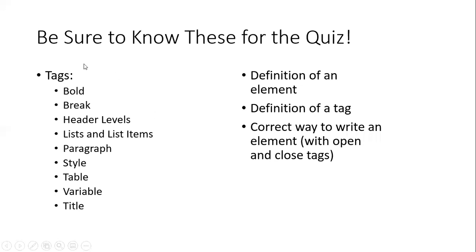And just to wrap up, these are all the things that are going to be included in the quiz. And the quiz is only, I think, 5 points. It's not worth a lot of points. You could get a 0 on the quiz, and if you do well in everything else, it's not going to matter or affect your grade really at all. But it's a good way to get you to focus in and understand these, because you are going to be using them a lot in the course.